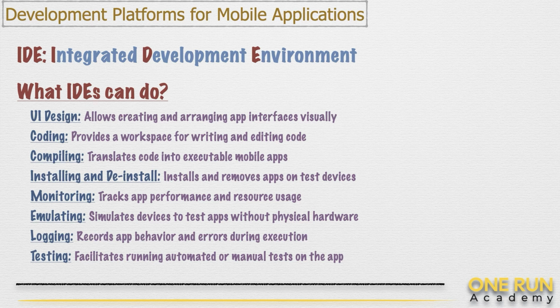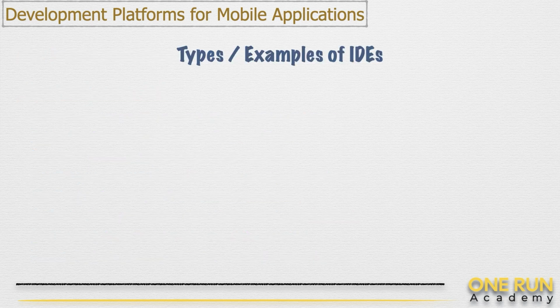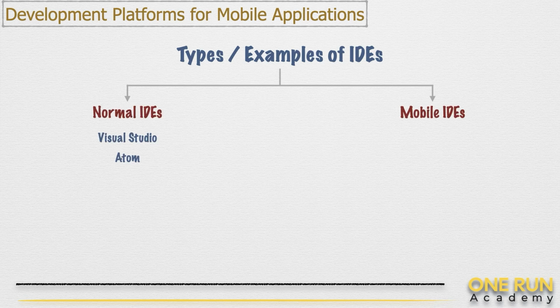Very well, now let's talk about the types and examples of IDEs. Commonly there are two main categories, normal IDEs and mobile IDEs. General IDEs are general-purpose IDEs used for various kinds of development, especially web and desktop applications.